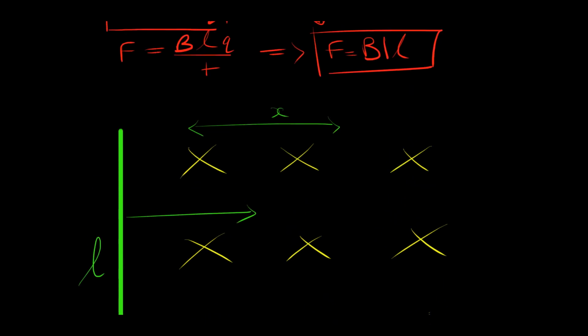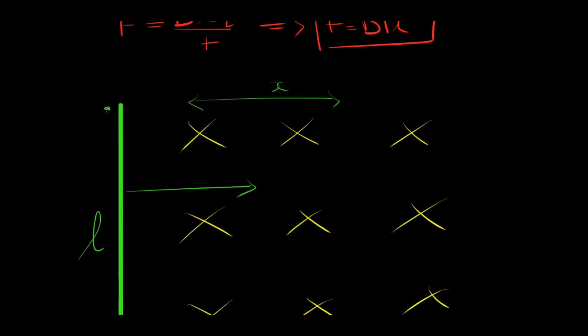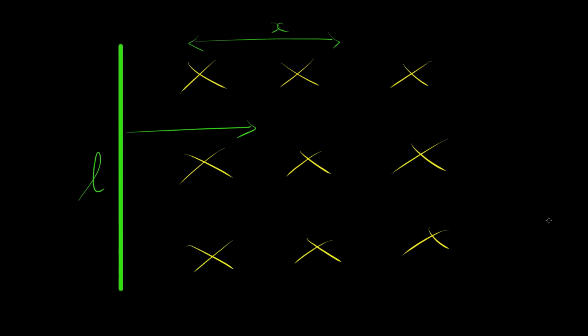From first principles, if we assume that there's one electron or one charge per unit length of that wire that we're using, we can then determine the induced EMF. There's going to be an EMF that's induced in this length of wire if we don't connect it to a circuit, right?